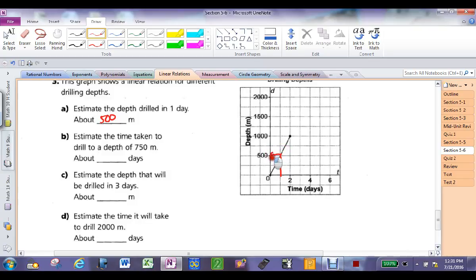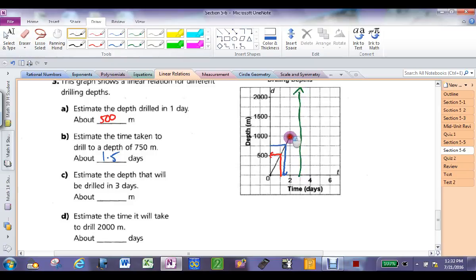How long will it take to drill 750 meters? Well, I go to 750 meters, there and down. Okay, 1.5. Now, 3 days, is that on the graph? No siree, Bob.